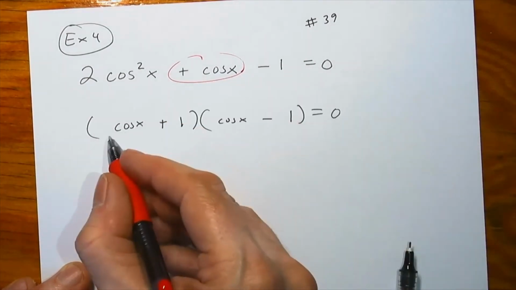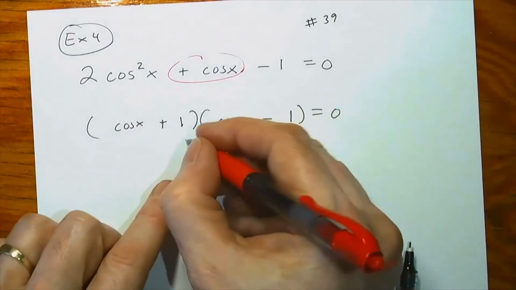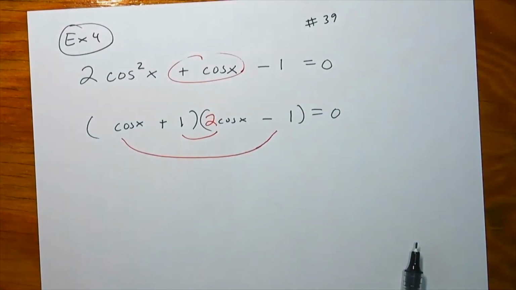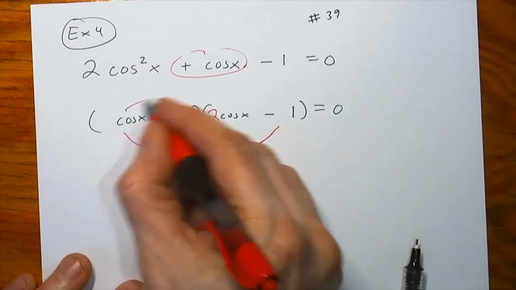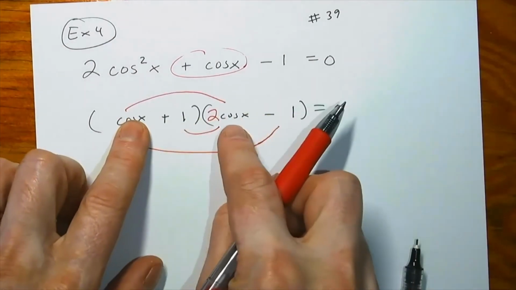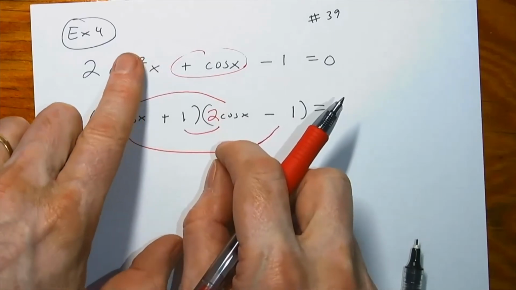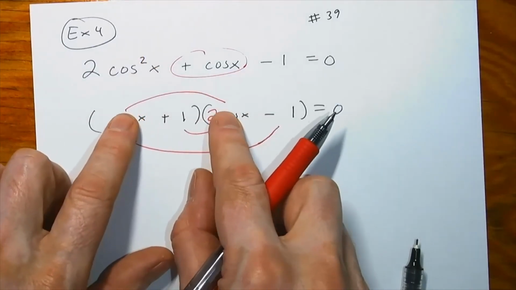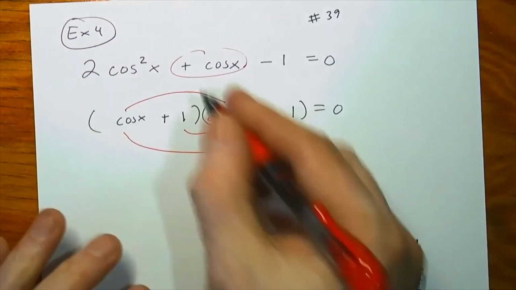If I put the 2 here or the 2 here, we have more. This guy's doing the positive and this guy's doing the negative. Let's put the 2 right there. So now you could check it all out. You can do the whole Charlie Brown thing. Cosine times 2 cosine is 2 cosine squared x. If it gets confused, just pretend it says 2x squared. Just pretend it's x times x, x squared. Cosine, cosine, cosine squared for the 2.